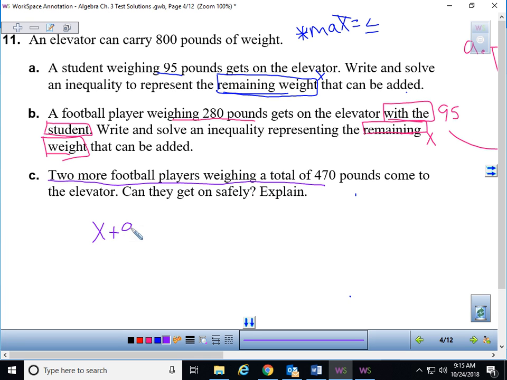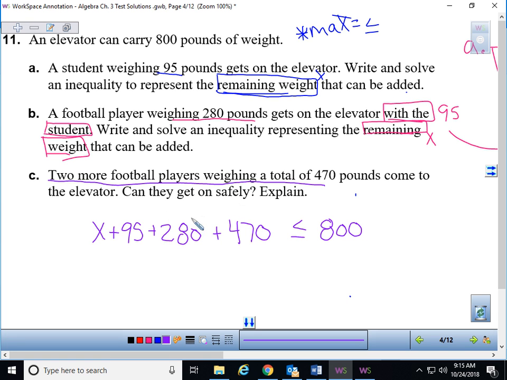So I have plus my student, who's 95 pounds, plus the 1 football player from B, who is 280, plus the 2 more football players that weigh a total of 470. Whatever this adds up to be, it has to be less than or equal to the max weight of 800.